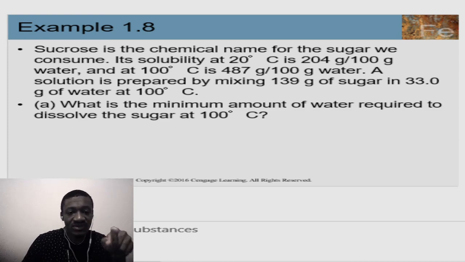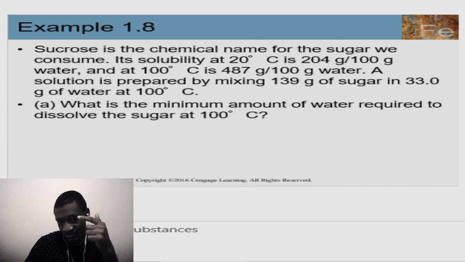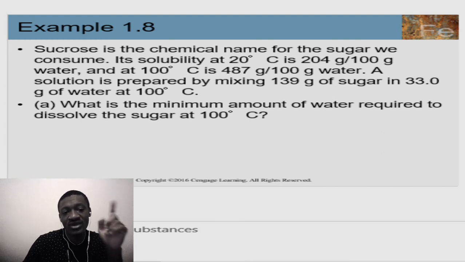So the question now is, a solution is prepared by mixing 139 grams of sugar in 33.0 grams of water at 100 degrees. So the question is, what is the minimum amount of water required to dissolve the sugar at 100 degrees?